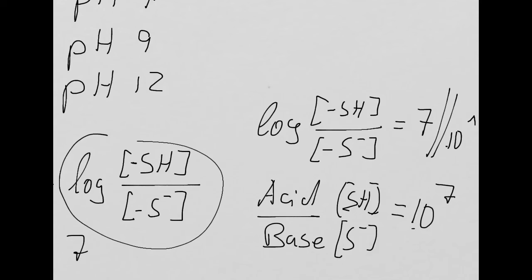Or I can write this as 10 to the power of 7 to 1. At pH 1, I have one molecule in the S minus state and 10 million in the SH state. Yeah, that is at pH 1. Does that make sense?